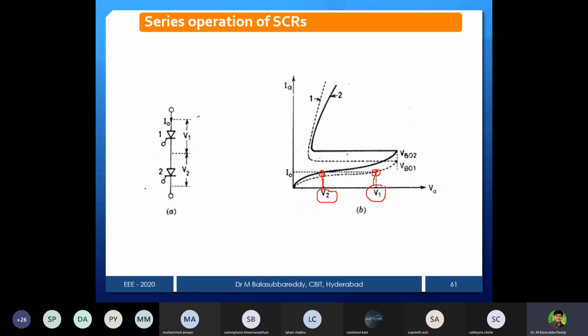If I want to calculate the leakage resistance, this one is the leakage current. If I consider the leakage resistance of SCR1, what formula can I write?